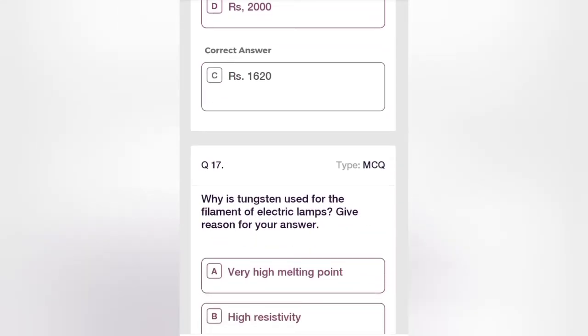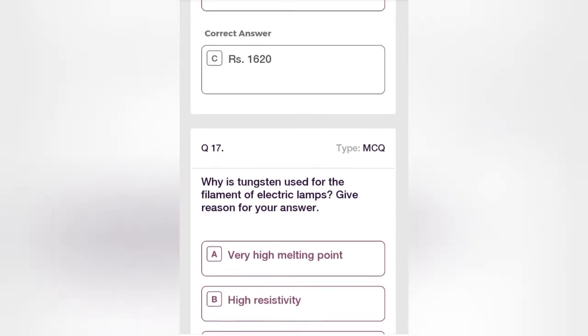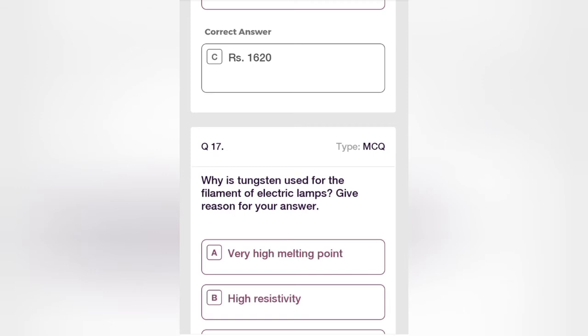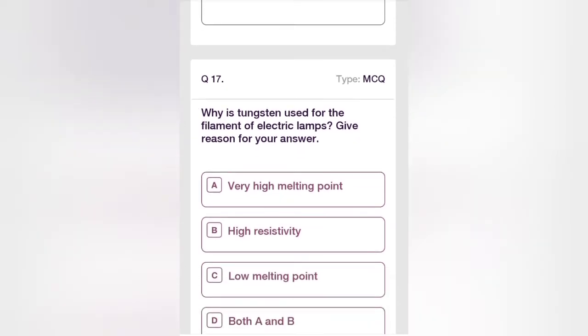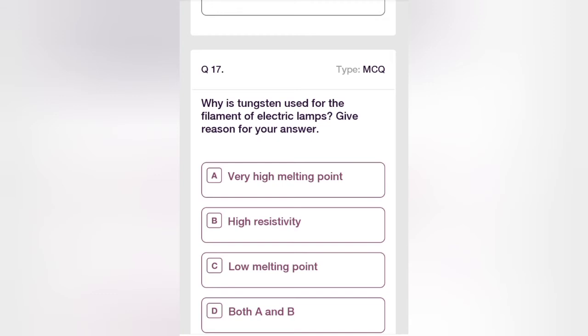Why is tungsten used for filament of electric lamps? Give reason for your answer. See, tungsten should have a very high melting point because it has to glow at high temperature.